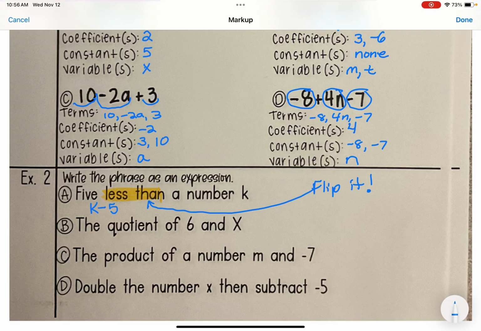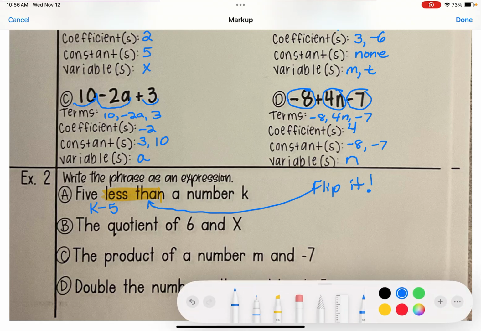So 5 less than a number K, we don't know what the number is, we're going to use K instead of the number. That's what that means. I don't write 5 minus K because 5 is less than K, so the K goes in the front. I flip it when I see the term less than. So K minus 5.